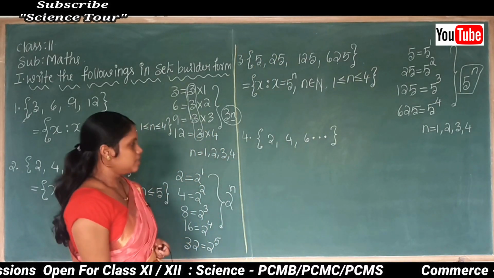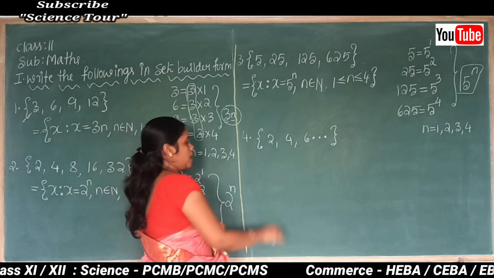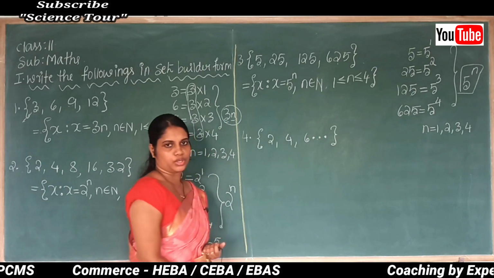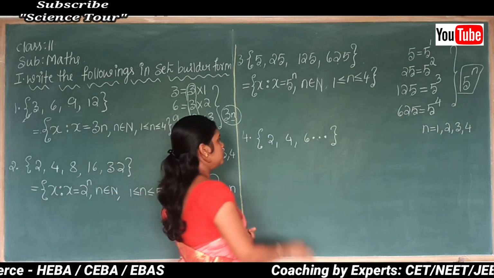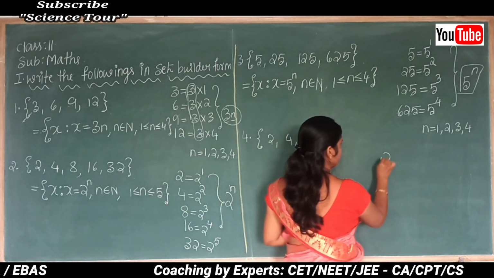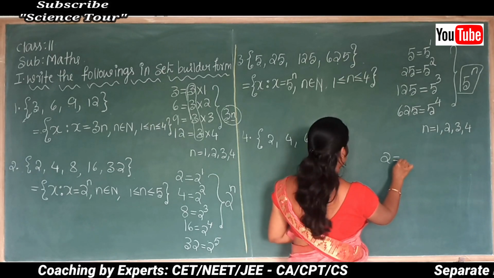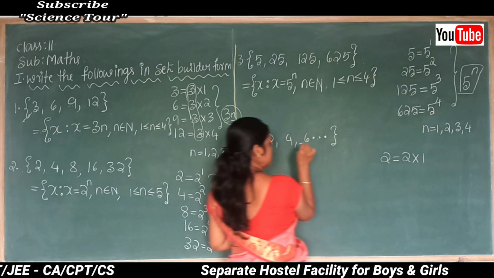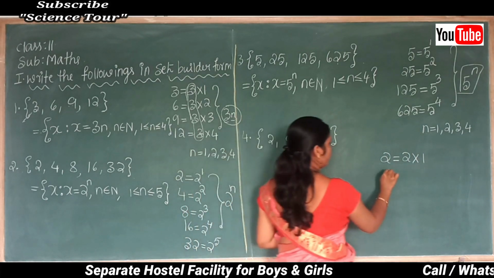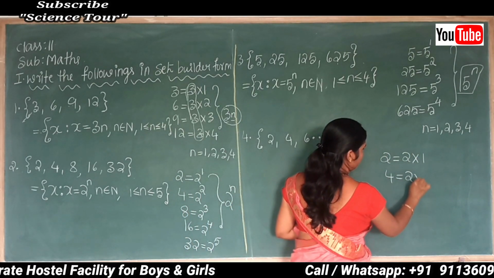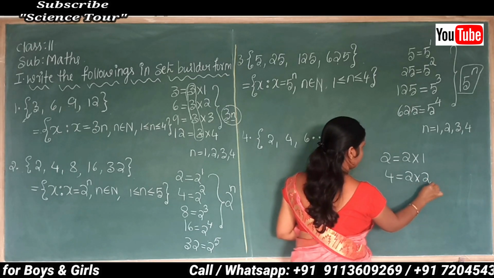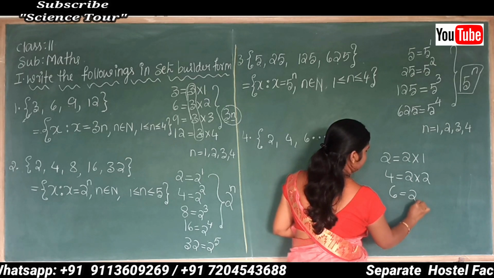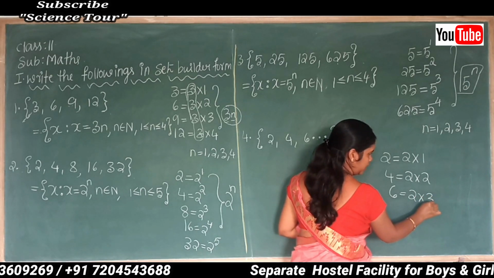Similarly, I will consider another example: 2, 4, 6 and so on. Again the first element is 2. Can you write this 2 as 2 into 1? Next, the second element is 4. Can you write this 4 as 2 into 2? Next, the third element is 6. Can you write this 6 as 2 into 3?